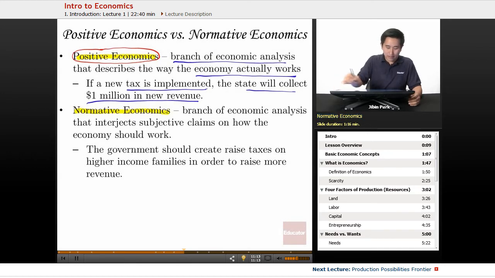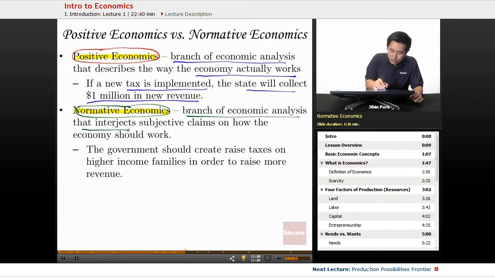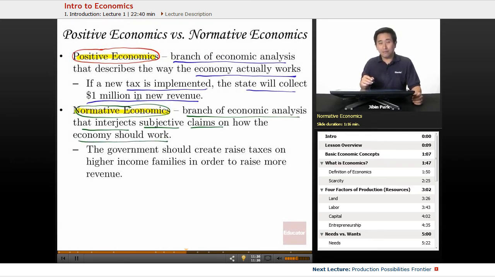The other way of looking at things is normative economics. So what is normative economics? Well, that's a branch of economic analysis that interjects subjective claims on how the economy should work. So you take that same previous statement, rearrange the wording, and you get something like this: the government should, and that's the operative word here, should raise taxes on higher income families in order to raise more revenue.